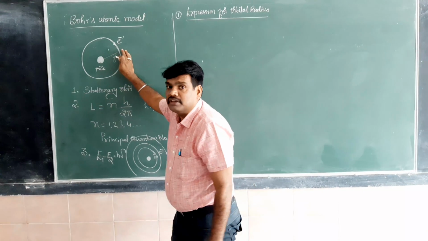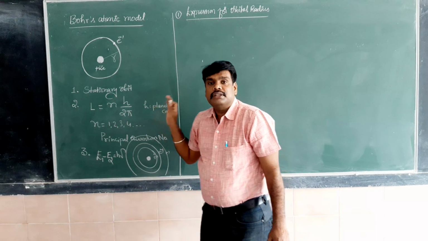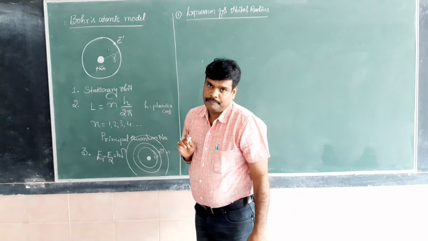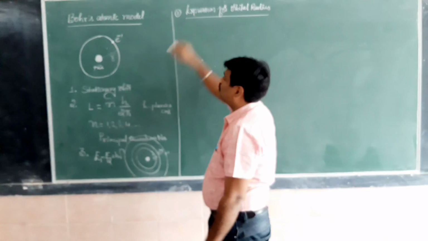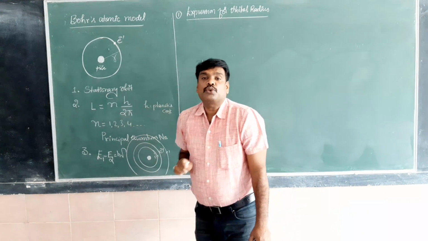To derive the expression for orbital radius, first let us consider the second postulate of Bohr's atomic model. What is the second postulate? It says that the angular momentum is quantized.